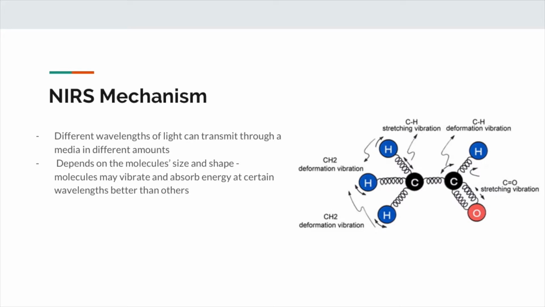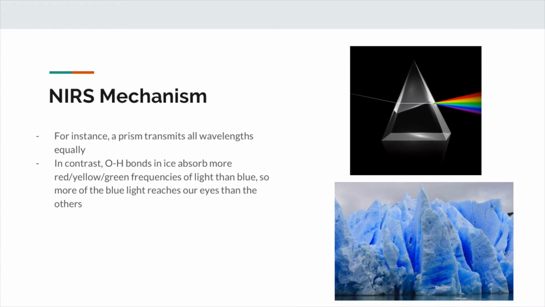Depending on the molecule size of that medium and the shape of those molecules, they may vibrate and absorb energy at certain wavelengths better than other wavelengths. For instance, a prism transmits all wavelengths equally, so that's why you're able to see all colors of the rainbow come out. Whereas the oxygen-hydrogen bonds in ice absorb more red, yellow, green frequencies of light than blue, and so that's why glaciers look blue to our eyes.